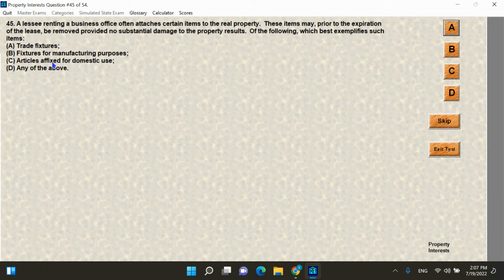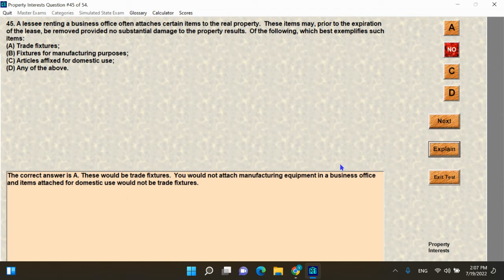C. Articles affixed for domestic use. D. Any of the above. The correct answer is A. These would be trade fixtures. You would not attach manufacturing equipment in a business office, and items attached for domestic use would not be trade fixtures. So the correct answer is A, trade fixtures.